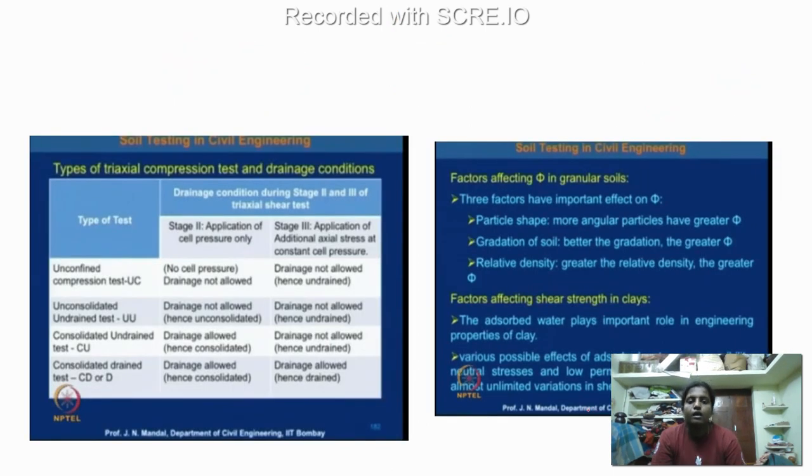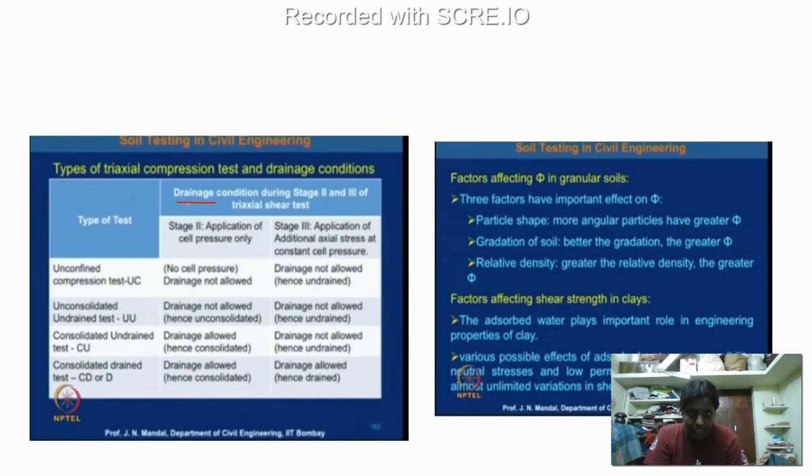As I said, there are two stages in your testing: stage 1, stage 2. So what is consolidation? First of all, we have to understand that. If you remember compaction, you are reducing the air voids and increasing the density.